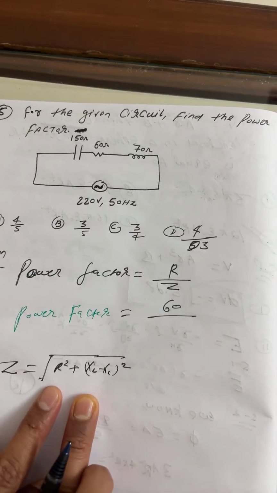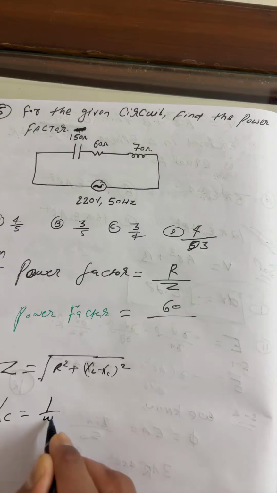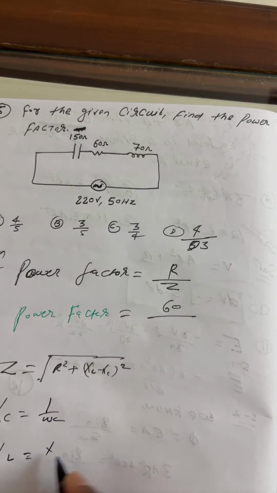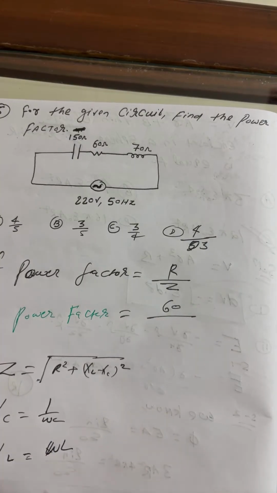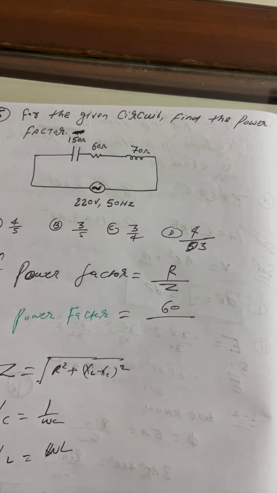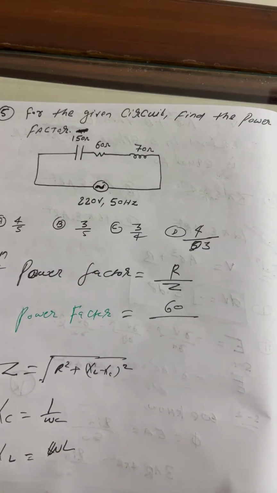No need to convert, no need to find XC as 1 by omega C and XL as omega into L, because they already mention the values in ohm only. Be careful while solving the questions. It's a very common error done by students during the paper.